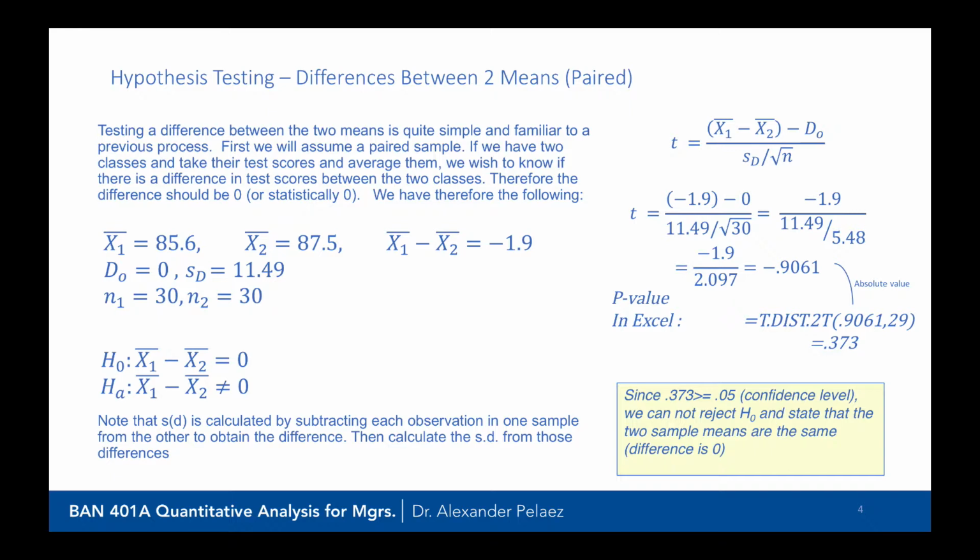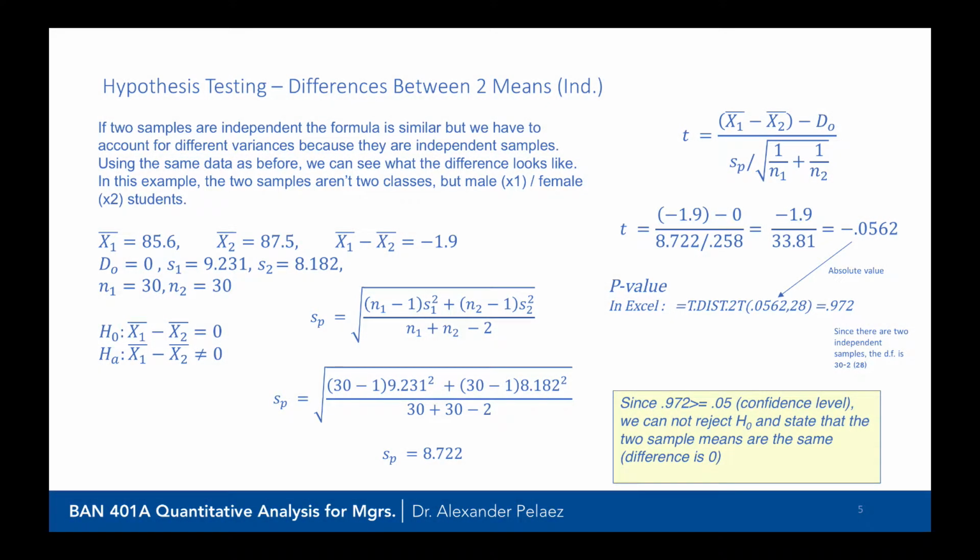We don't have two separate standard deviations that we're using. So that's why in this case we're doing n minus 1 degrees of freedom as opposed to n minus 2. And since 0.373 is greater than the 0.05 significance level, we cannot reject the null hypothesis, and we can state that the two sample means are the same.